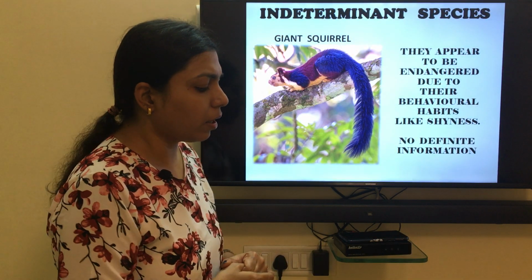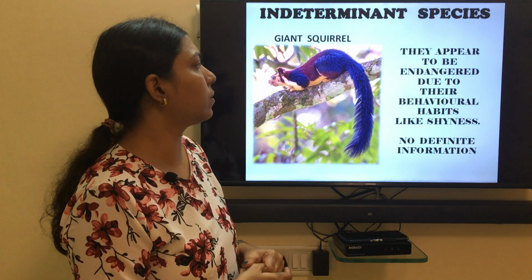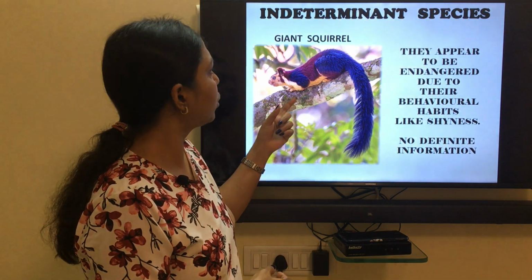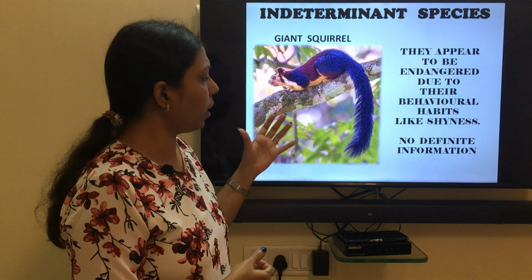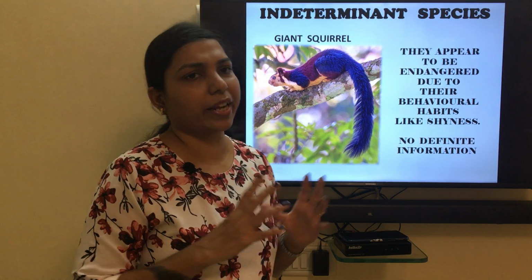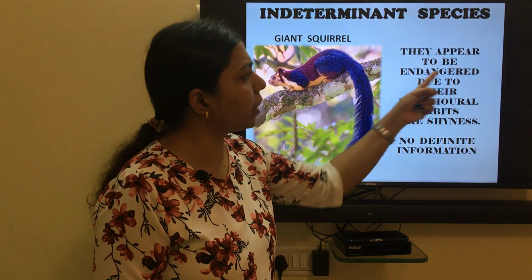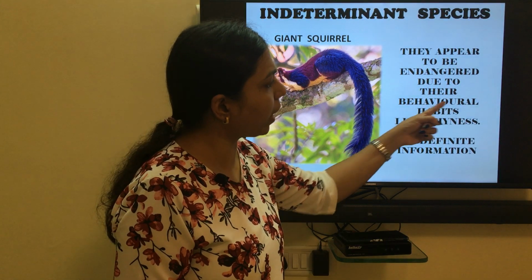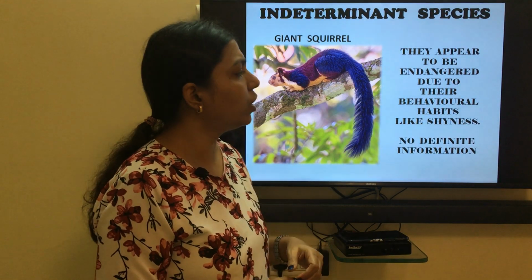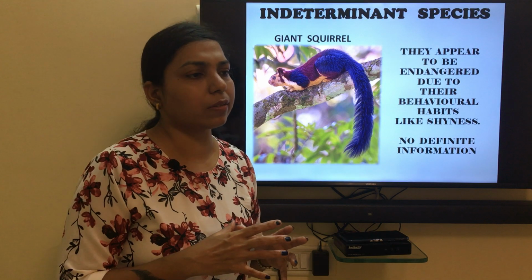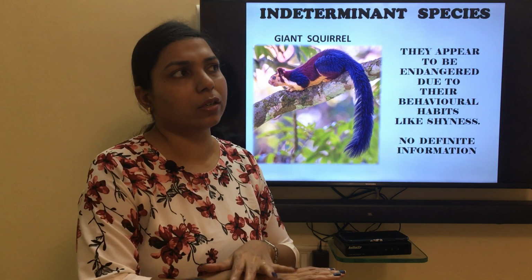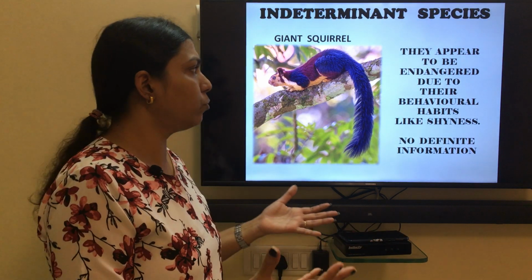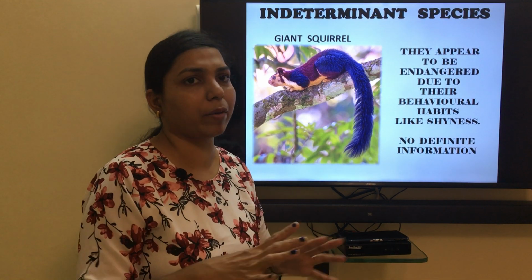Next, these are indeterminate species. This is a picture of a giant squirrel. Now these are animals which are very shy. Okay, they appear to be endangered due to their behavioral habits like shyness. They don't come out and move around in the environment very publicly.